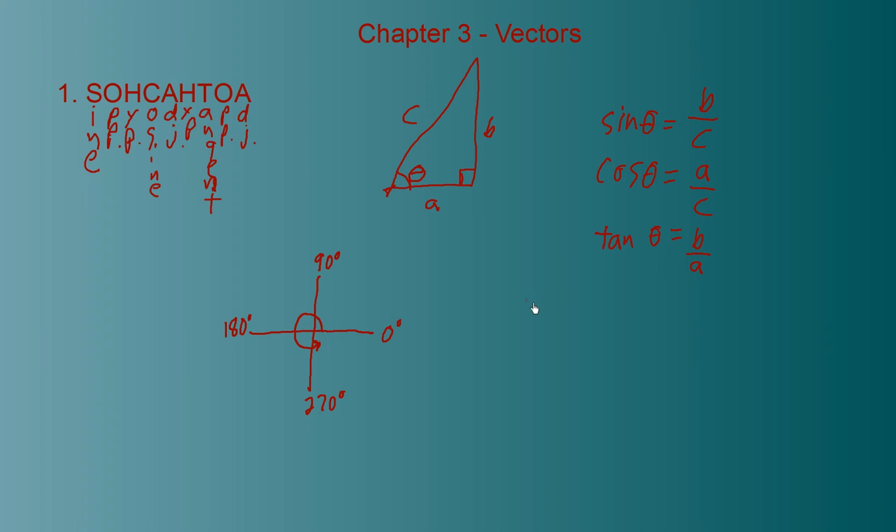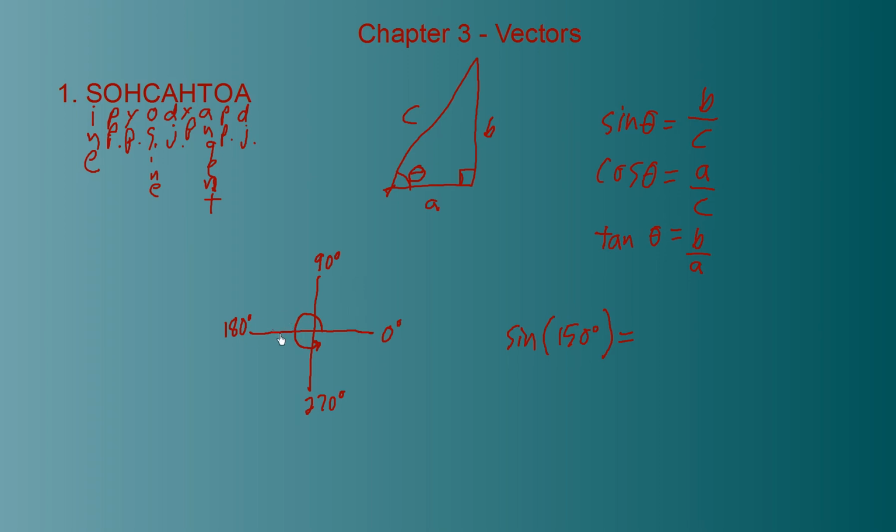If you use your calculator correctly and you did something like sine of, I don't know, something between 90 and 180, so let's call it like 150. Then the sine is the opposite, so that's the y component.